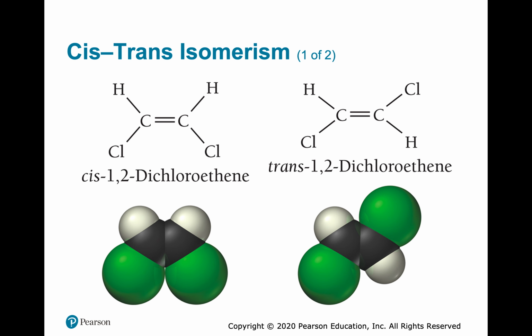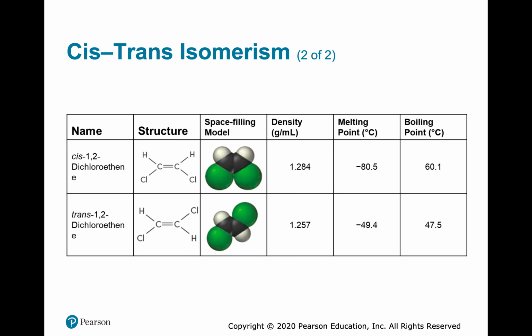It tends to form more trans than cis, actually, because as mentioned before, trans is lower energy. So if you ever heard that trans fats are bad, this is where trans fats comes from. It means it's not cis fats. Cis fats are good.